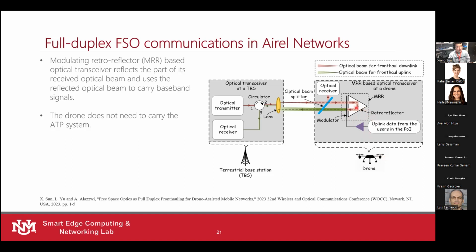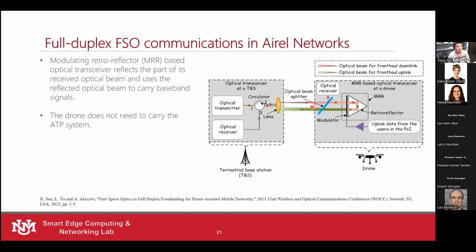So basically, the drone does not need to generate its own new optical beam, but can reuse these downlink optical beams, remodulate the data on these beams, and consider these new beams as the uplink.